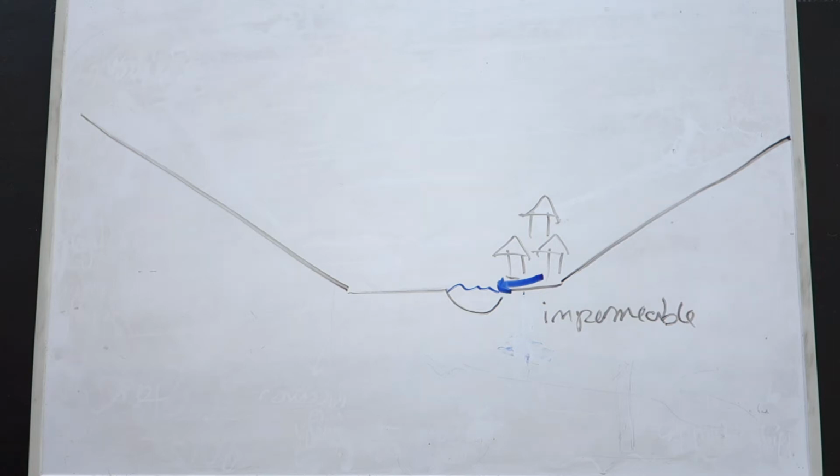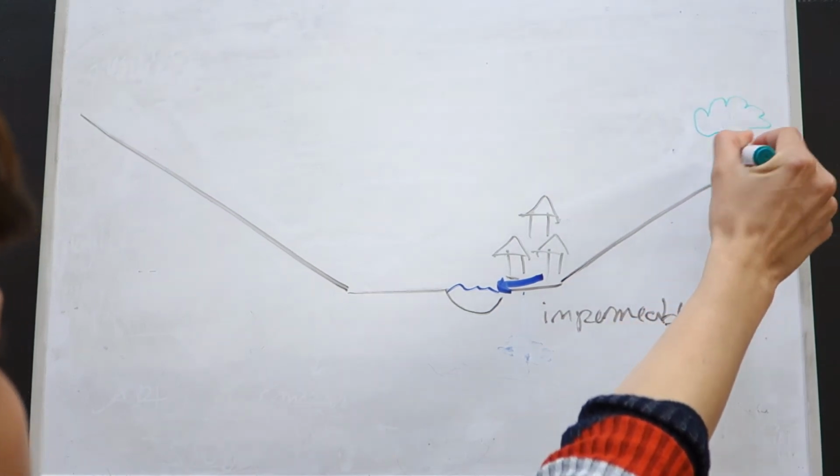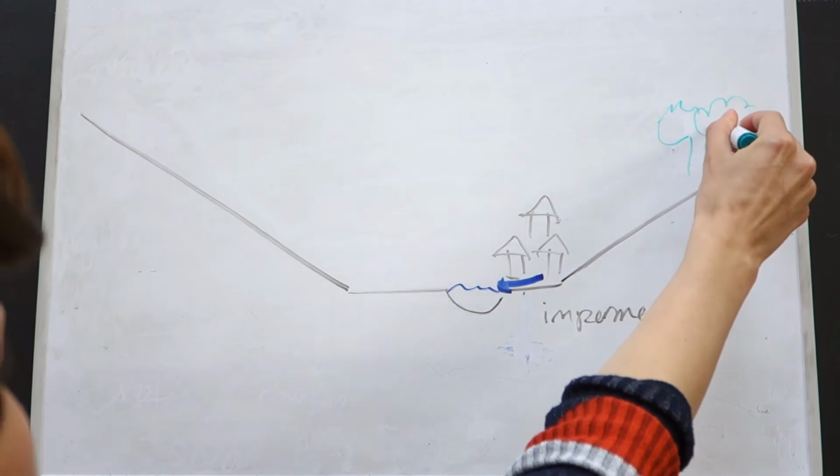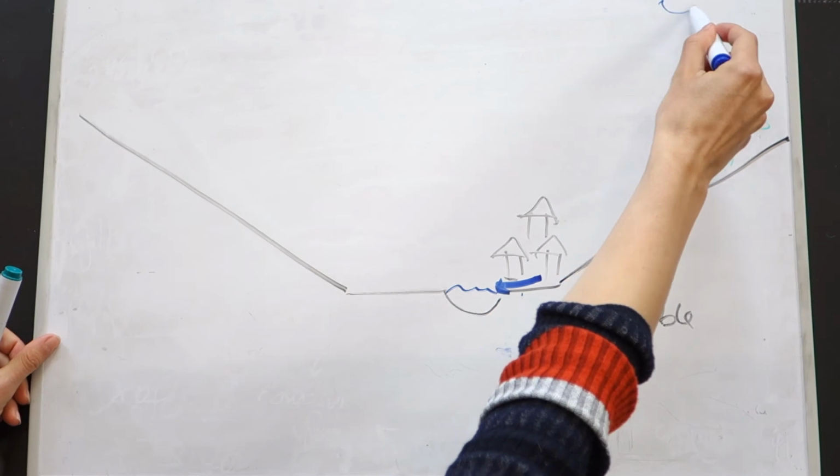Another thing that people do that increases the risk of flooding is deforestation. If there are trees on the slopes of the river valley, trees trap some of the precipitation.